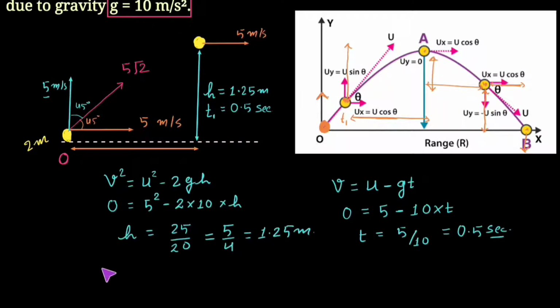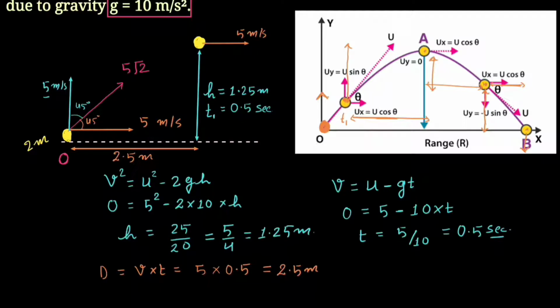So easily we can calculate this distance. Let's say the value is d, and the formula for distance is velocity into time. The velocity in the x direction is 5 meters per second and the time is 0.5 seconds. So its value would come out to be 2.5 meters. So this distance is 2.5 meters.